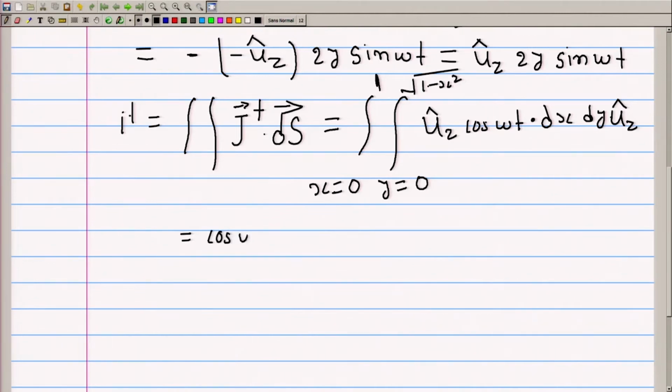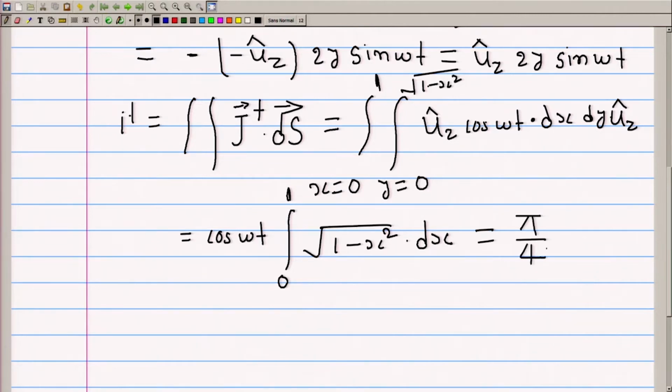Cos omega t is constant, so it is outside, and the integral of y is the square root of 1 minus x squared dx from 0 to 1, and this will come pi by 4 cos omega t. This is the value of I_t.